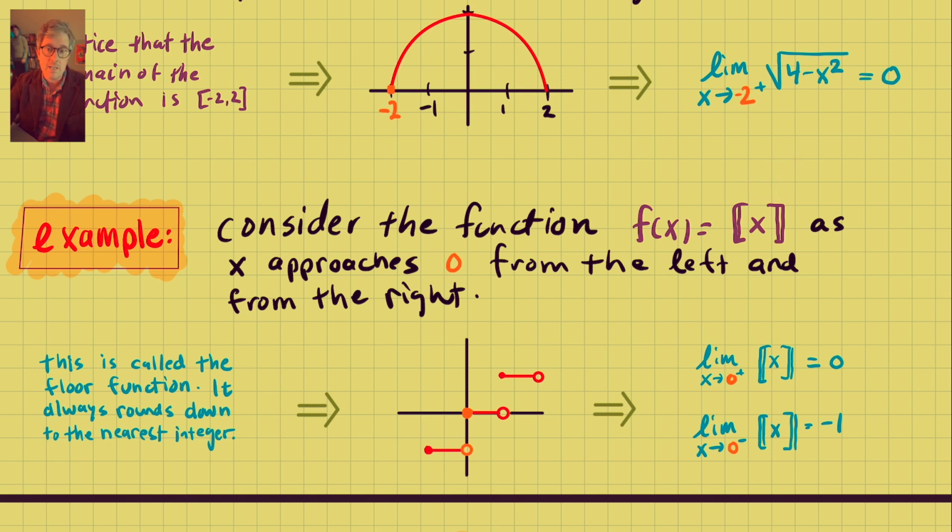Specifically, I get the integer that you would get by rounding the real number down to the nearest integer. If I plug in 2.1, I would get 2. If I plug in 3.67, I would get 3. It always rounds down. It floors. That's why they call it the floor function, because it rounds down.